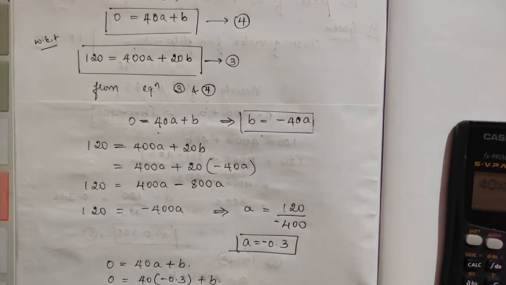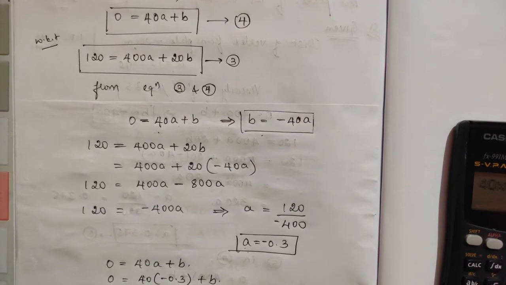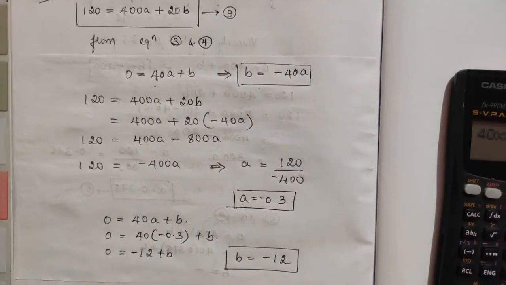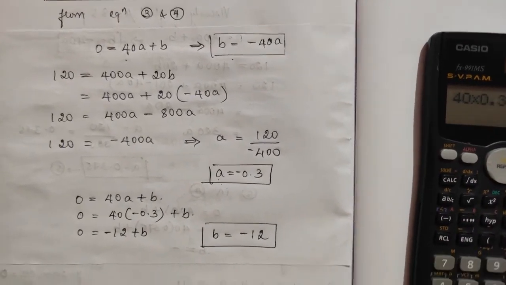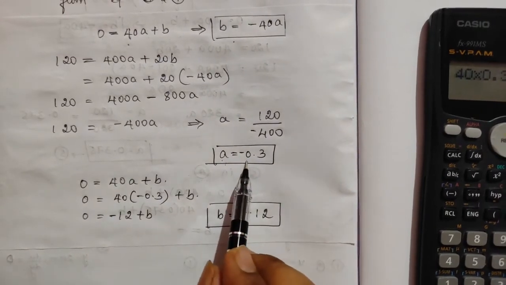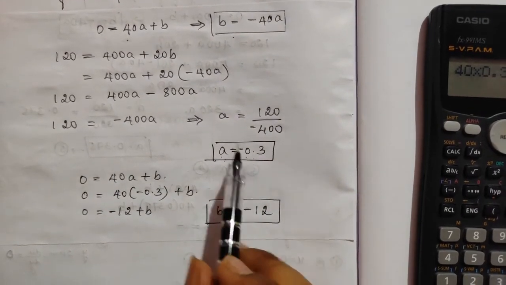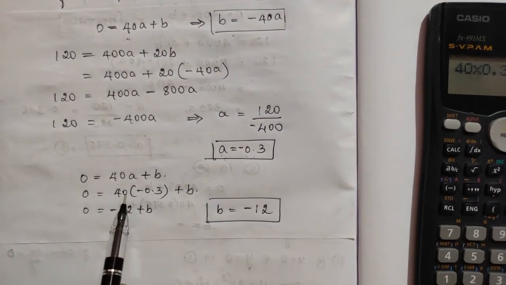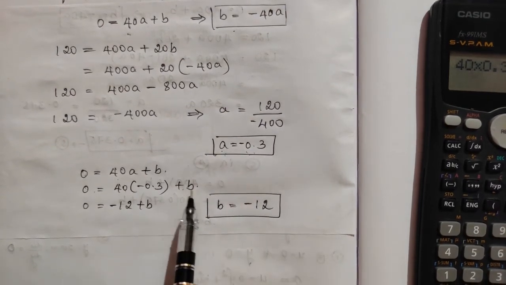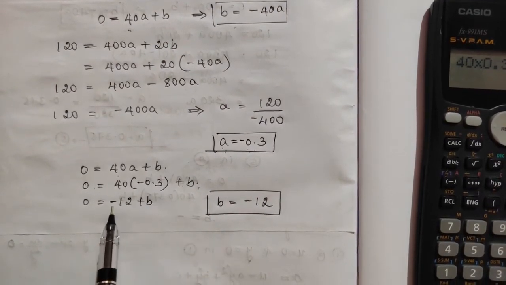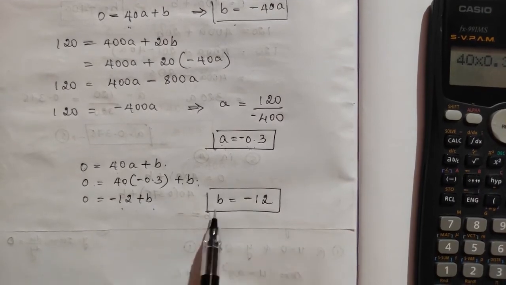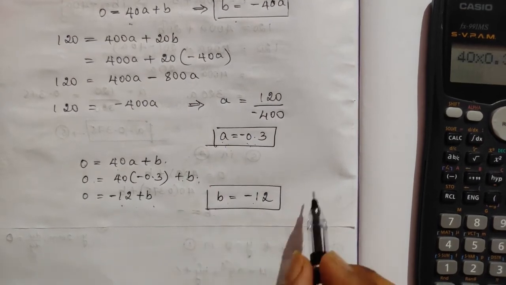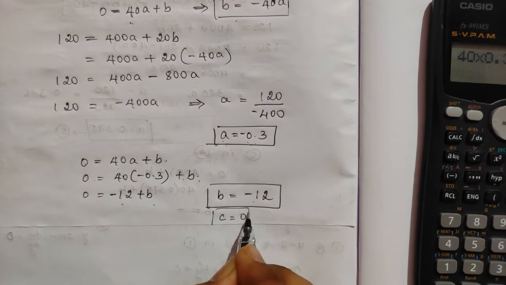So the value of b will be 12. Sorry, let me redo it: a is equal to minus 0.3, so 0 is equal to 40 into minus 0.3 plus b, so 0 is equal to minus 12 plus b. So b is equal to 12. So I got the value of a, b, and also c is 0.